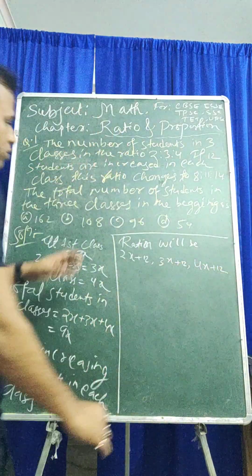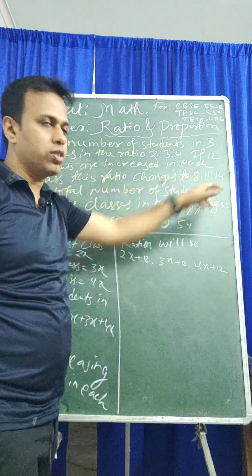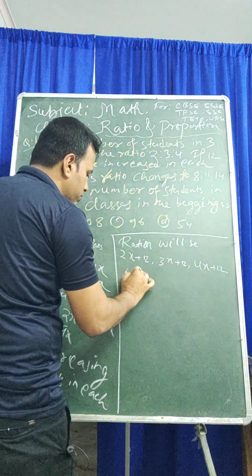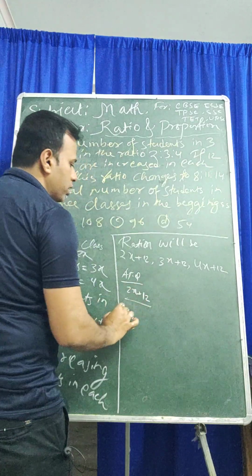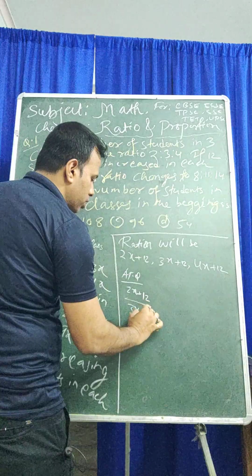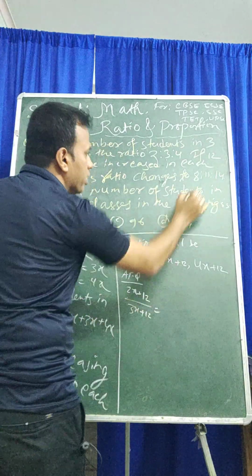Now this ratio becomes the given one. So according to the question we can write (2x plus 12) divided by (3x plus 12) is equal to 8 by 11.